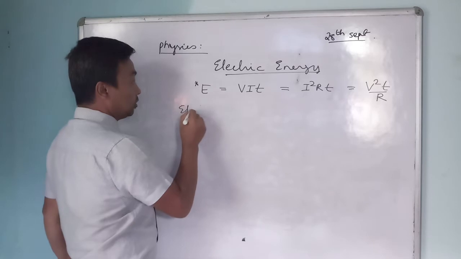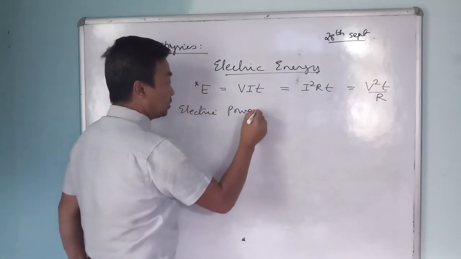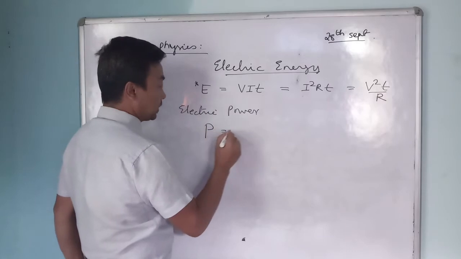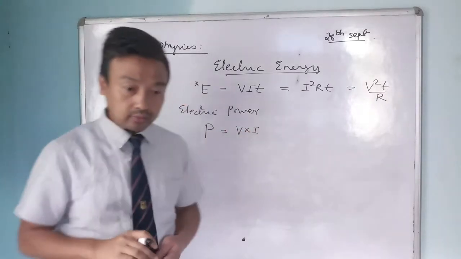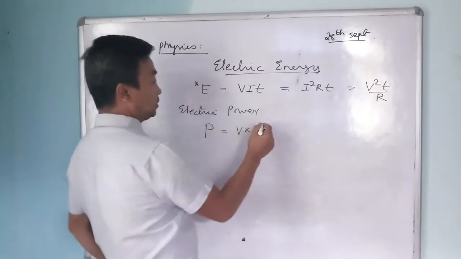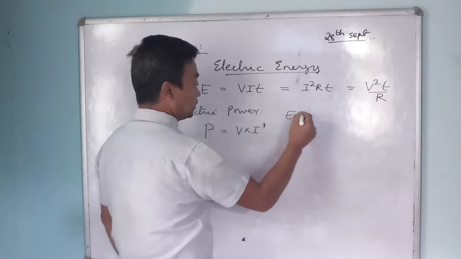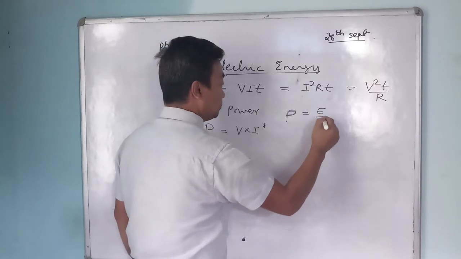Then we have also found the formula for the electric power. Electric power was given as V into I. Alright, that was the first electric power. And also we had learned that electrical power is energy by time.